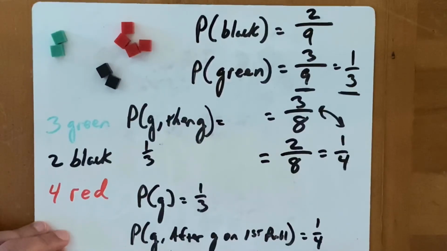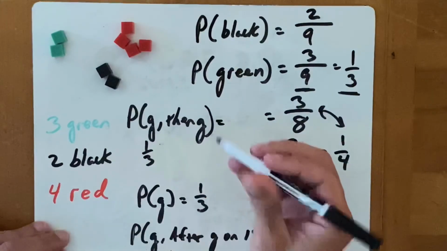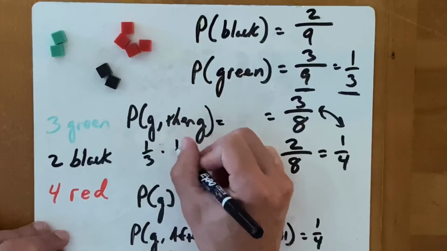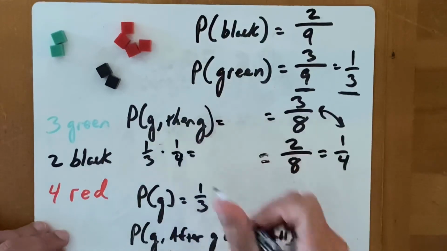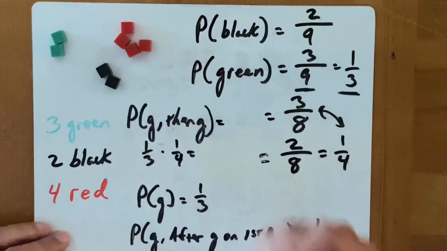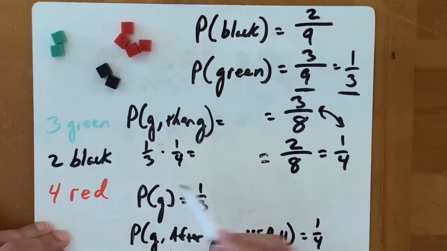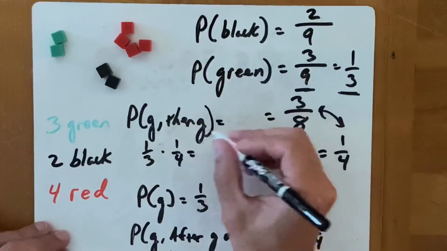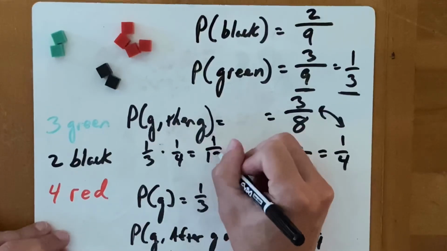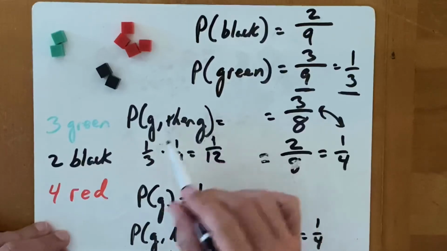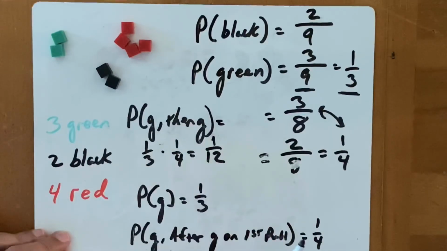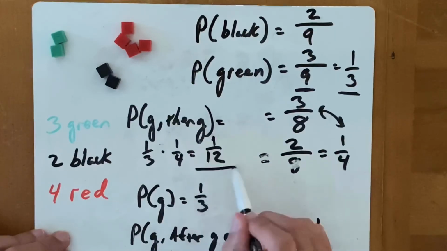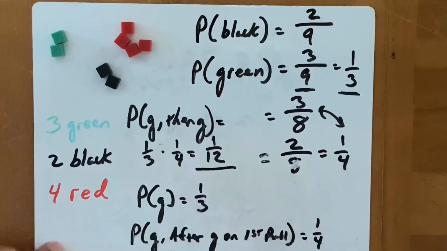The probability of pulling out a green one on the second one, after I had already pulled out a green on the first one, is now 1/4. So to determine the probability of getting a green on both the first and second attempt, I'm going to multiply their two individual probabilities together, and this would give me a probability of 1/12. So my probability of pulling 2 greens out, one after another, without putting the first one back, is going to be 1/12. And that's an example of a dependent event.